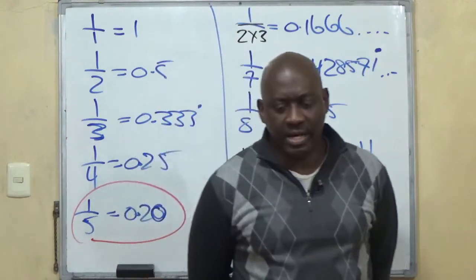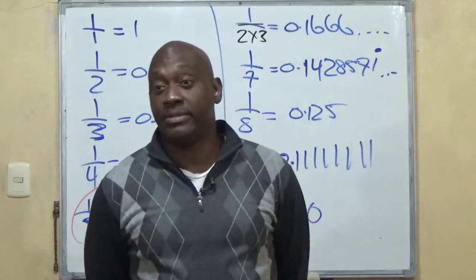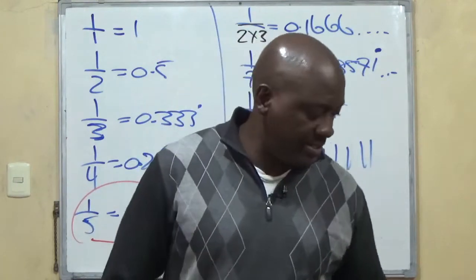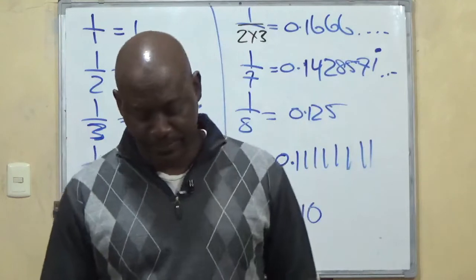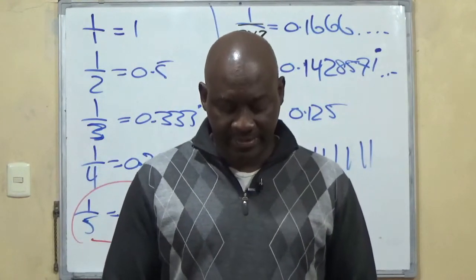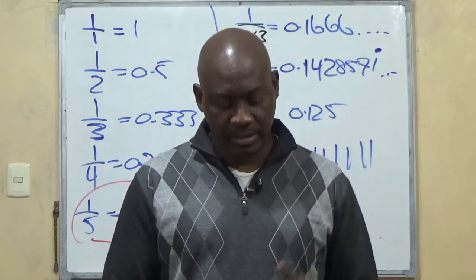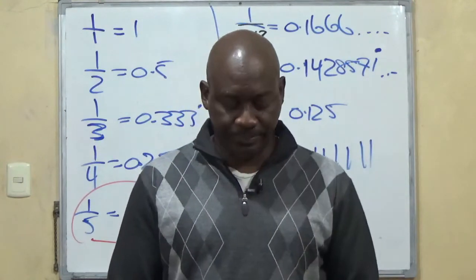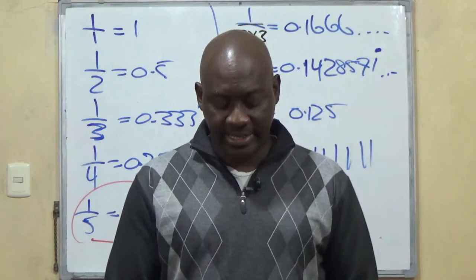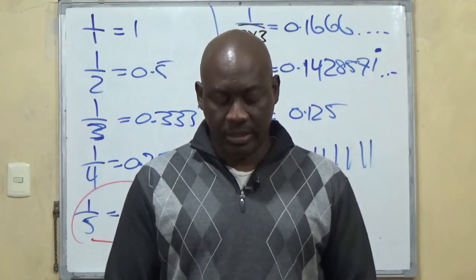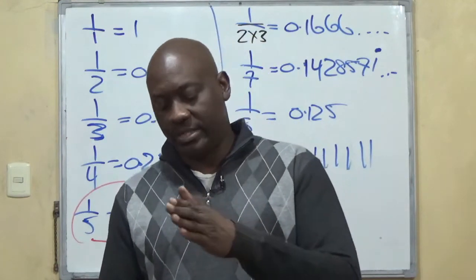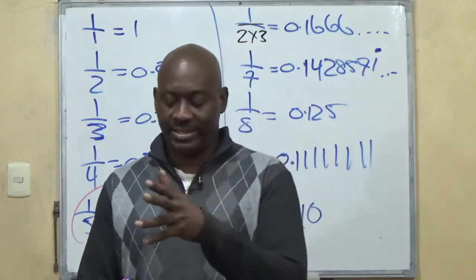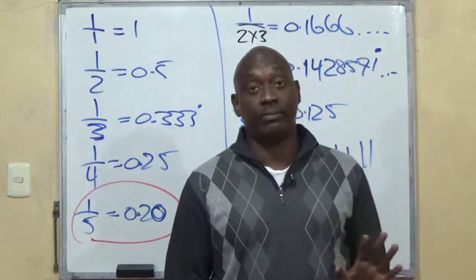Nice. So generally, when we divide by primes, we get irrational numbers. Let me check it out and see. 1 divided by 17 is 0.5882, going on here. 1 divided by 19 is 0.052631, going on here.